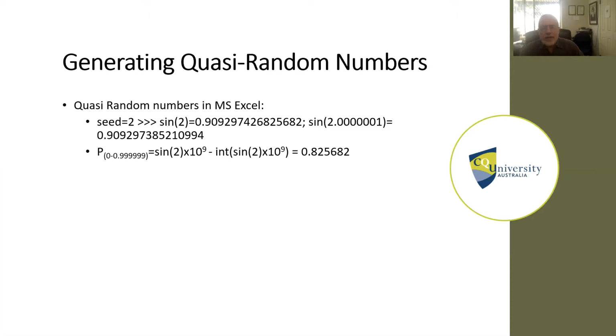If you take the last half dozen digits, 682, and compare that to the last 6 digits after changing the seed by a very tiny amount, those last 6 digits look like random numbers. They come from all over the shop.